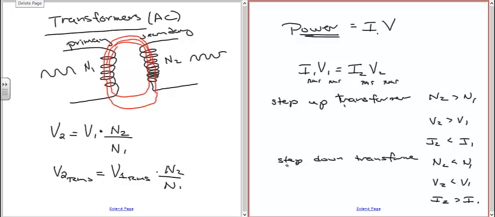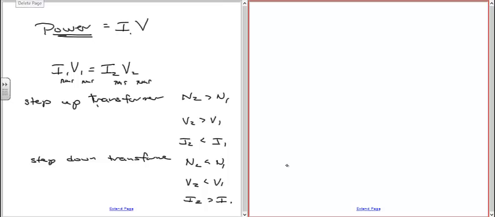And the final thing relates to electromagnetic waves. The only thing I want you to be able to do is to relate frequency to wavelength. This is about waves in general, but in this case it's electromagnetic waves, which can be radio waves.